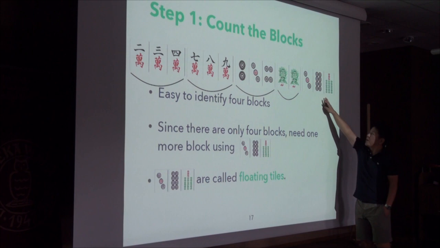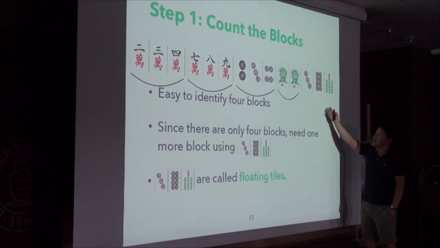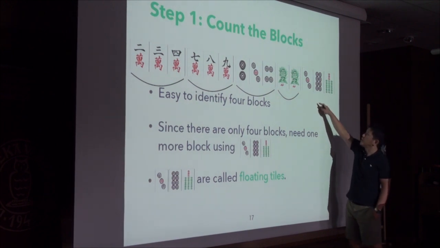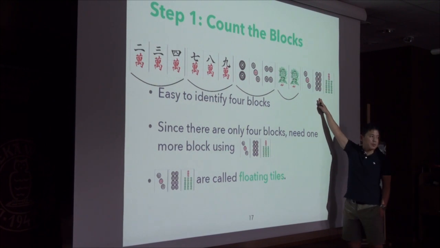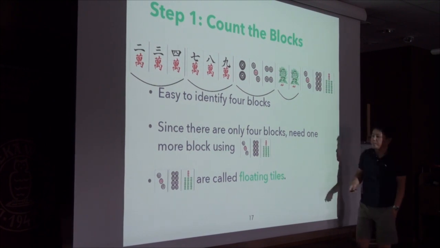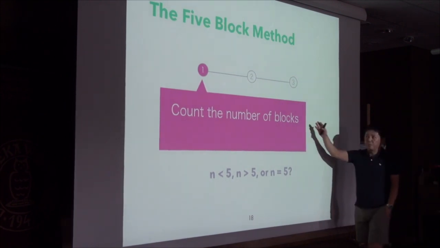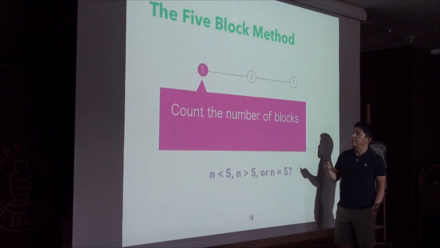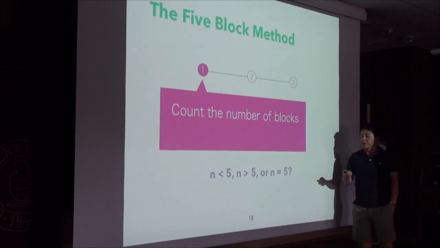So these additional tiles are called floating tiles. Floating tiles are tiles that are not blocks in themselves, but can become an additional block, right? So once we complete the first step, the next step is to compare and choose which tiles to keep or which blocks to keep.